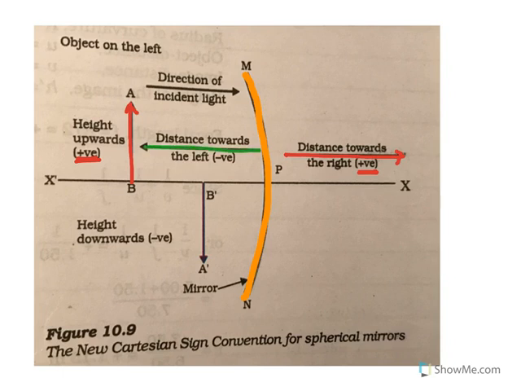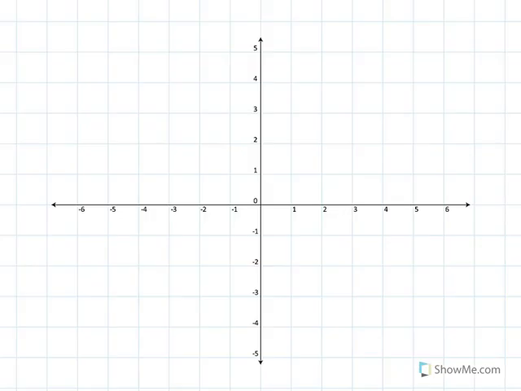Distances measured to the left are taken as negative, and distances measured downwards are taken as negative. And here is the direction of the incident ray, which means the objects are always kept on the left side. Here, object is always on the left.